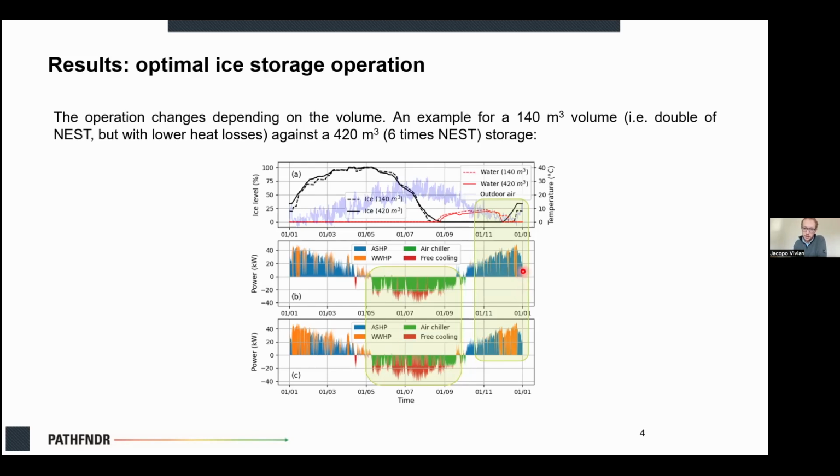In the first case, 140 cubic meter, we start extracting heat from the storage during late December. Instead, in the case of the bigger storage, we extract heat during the whole month of December because we have a larger capacity.